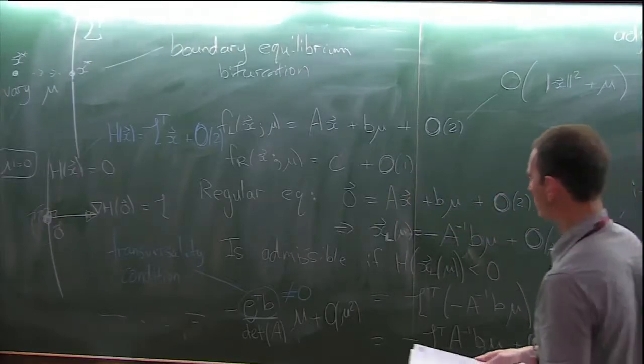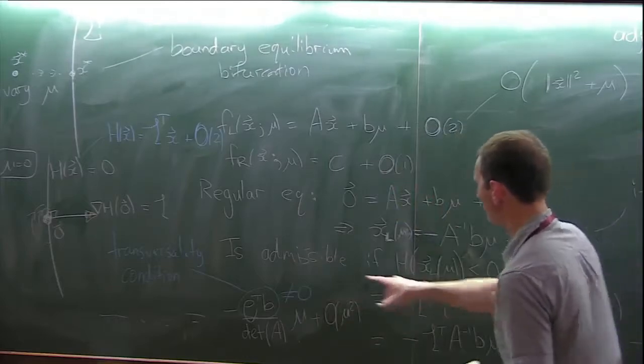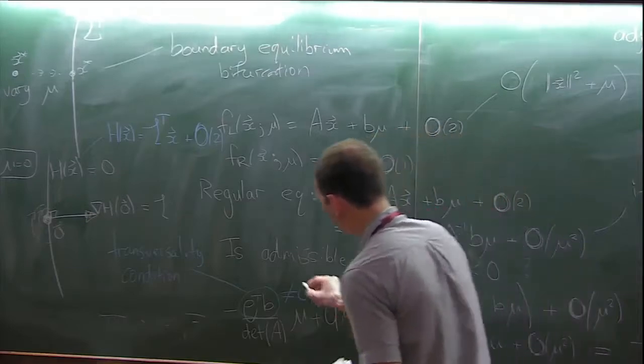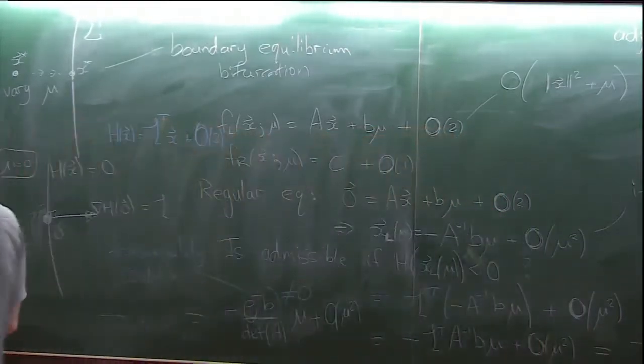So I haven't answered this question yet. The equilibrium is admissible if this thing, right, we need this thing to be negative, so perhaps I'll go back over there.